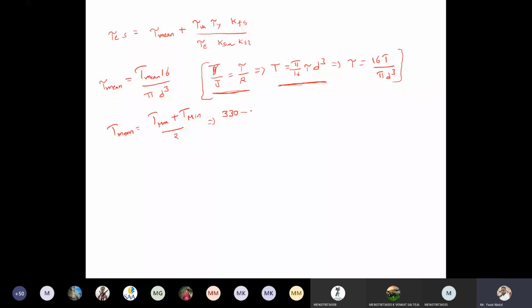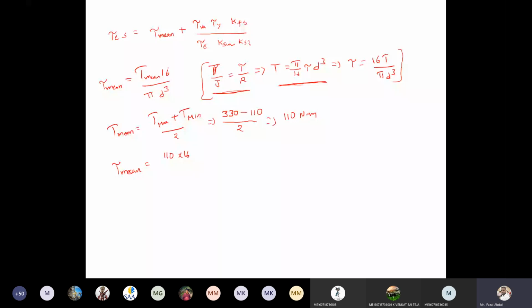In the given data, I denoted by symbols the clockwise direction and anti-clockwise direction. That is the mean. So how much is this one? 110 Newton meter. If you substitute, how much is T mean, shear mean? Shear mean is 110 into 16 by pi d power 3.